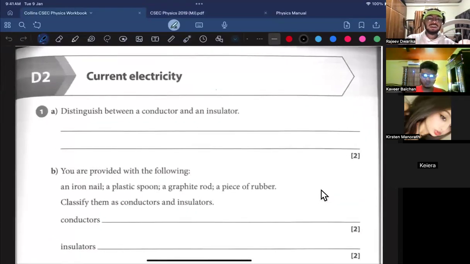All right. What is the difference between a conductor and an insulator? Question: distinguish between a conductor and an insulator.